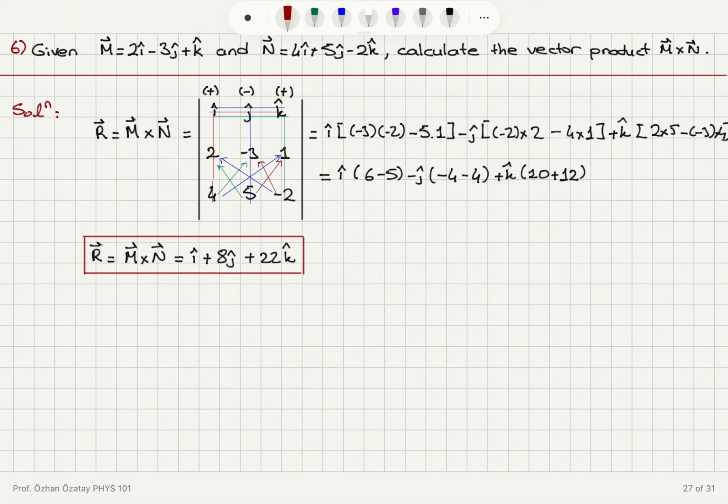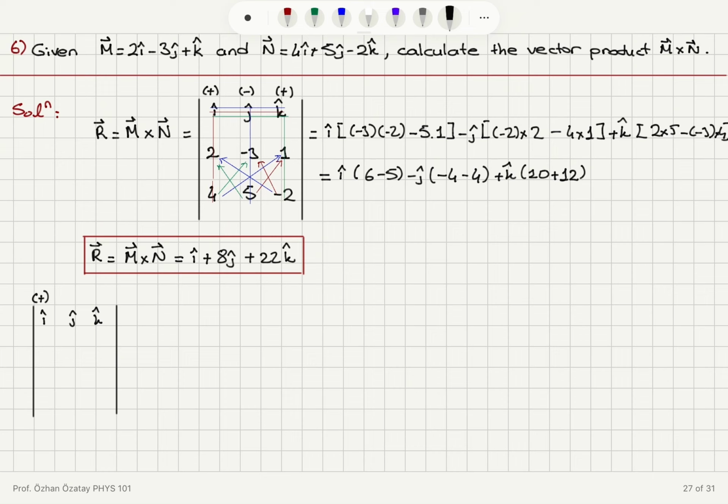Okay, for the purpose of clarity, let me show what I have done here in 3 steps in calculating this determinant. We have i hat, j hat, k hat.